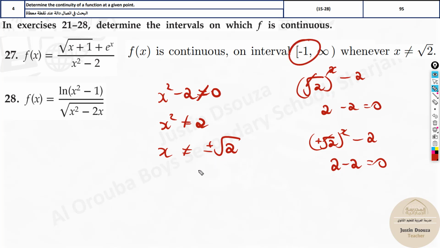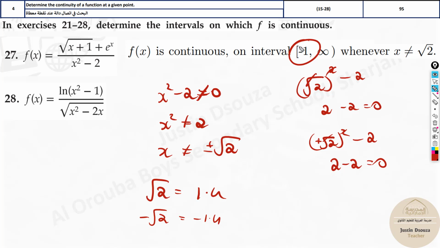What is the value of square root 2? Okay, it's 1.4 something, right? I guess so. Anyways, it's around there, I believe. Now, negative root 2 would be negative 1.4.